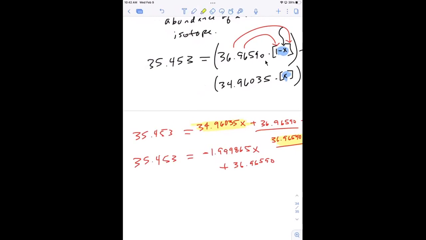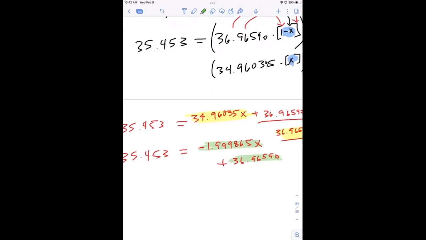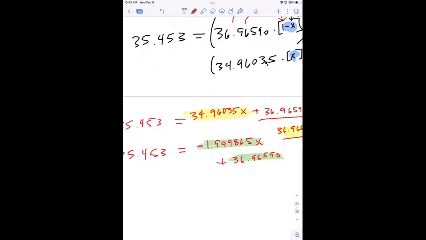So I have two terms. I have the x term, and then I have a numerical term. So now let's get the x term by itself. What do I need to do? We're just doing algebra now. So I'm going to subtract both sides.